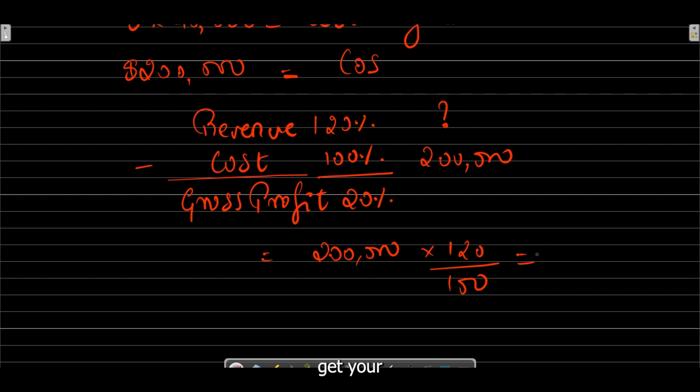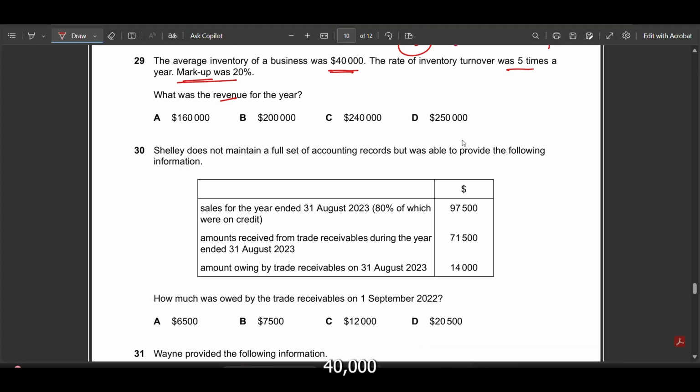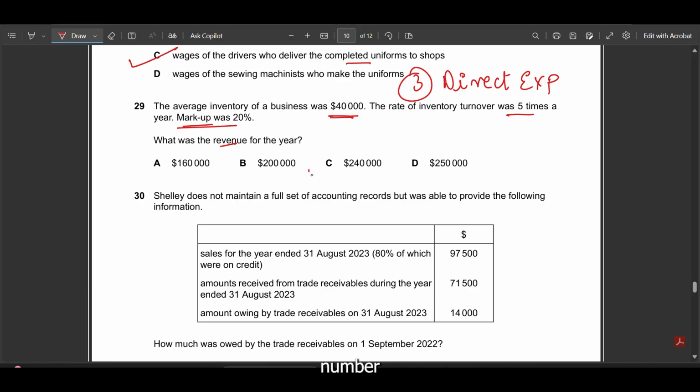You will get your revenue as 2,40,000. That's what they wanted. So my correct answer would be 2,40,000, which is option number C.